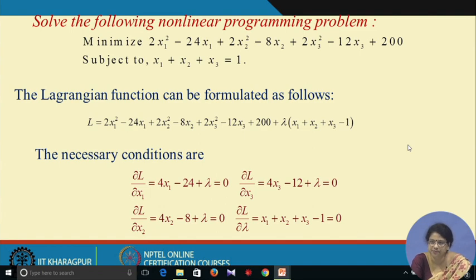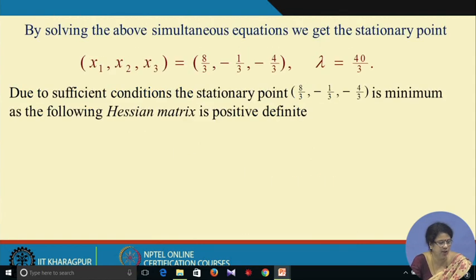The necessary conditions are linear equations, 4 equations and 4 unknowns, so very easily you can find the values. What did you see for the value of lambda? It is coming out positive for the minimization problem. That is why if we relax the constraint, we will get a better minimum value of the objective function.